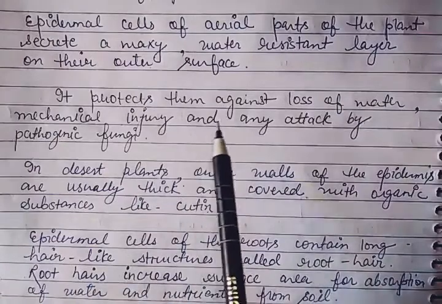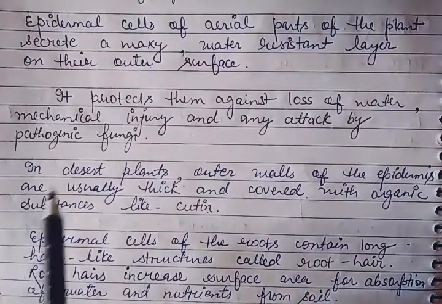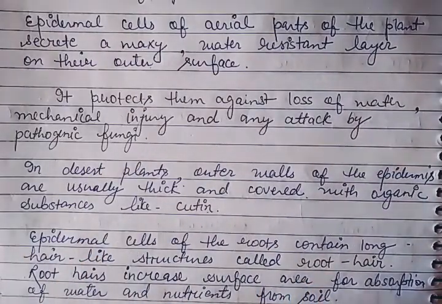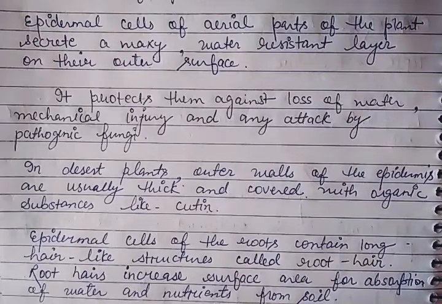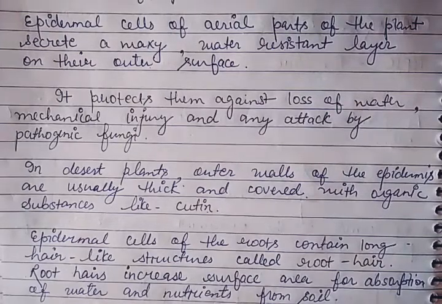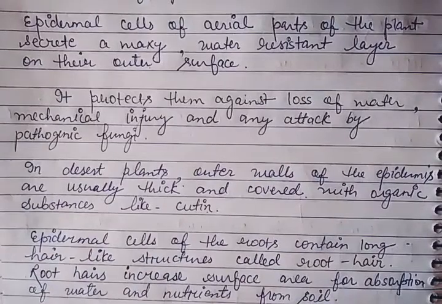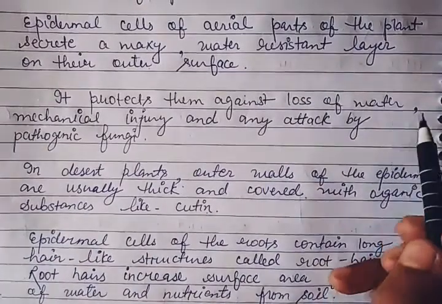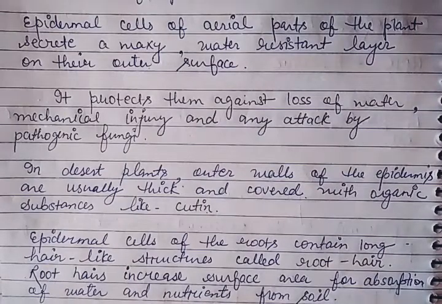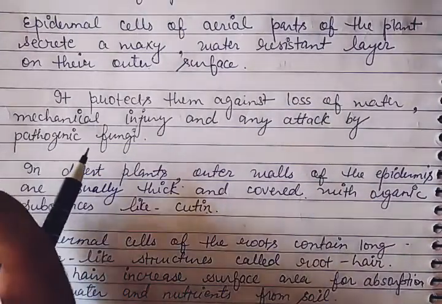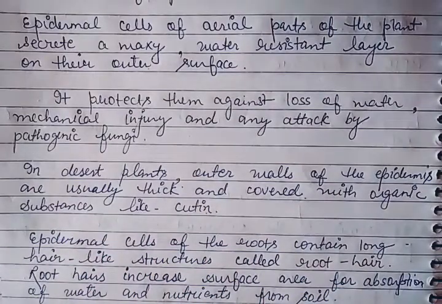Now it protects them against loss of water, mechanical injury and any attack of pathogenic fungi. This waxy layer produced by the epidermal cells on the aerial parts of the plant protects the plant against loss of water because it is waxy, and it also saves the plants from mechanical injury and from any attack by pathogenic fungi.